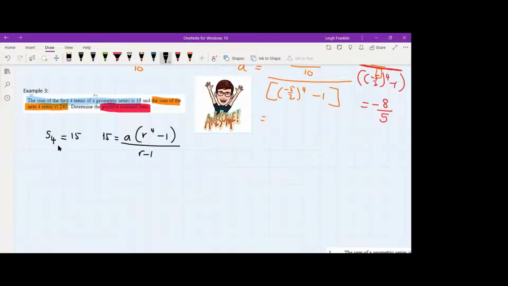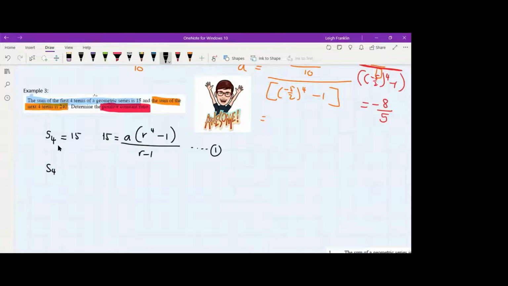The problem with this, of course, is that we need to solve for a and we need to solve for r. So let's just shelve that for now and have a look at the next bit of information. The next bit of information says that the sum of the next four terms is 240. So actually, the sum to 4 is 15.